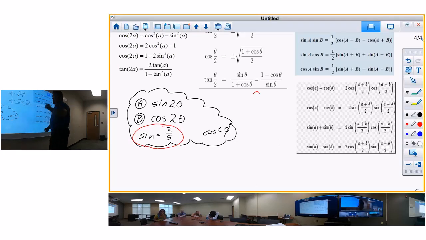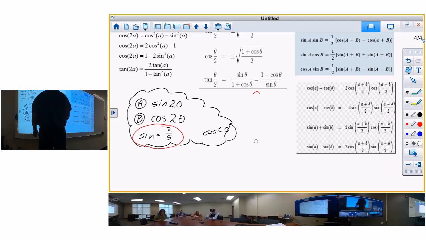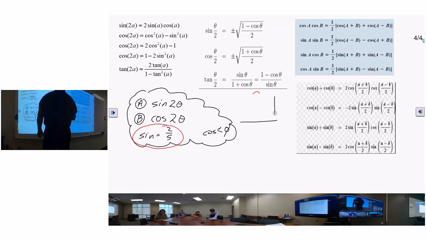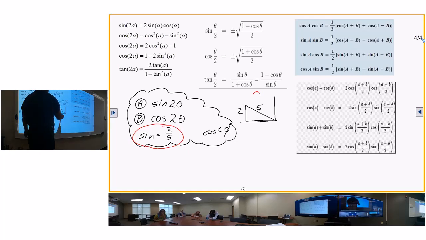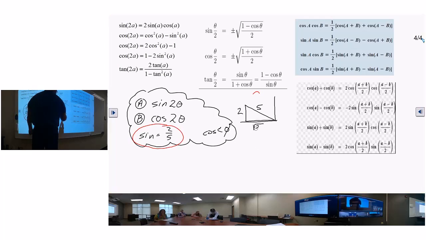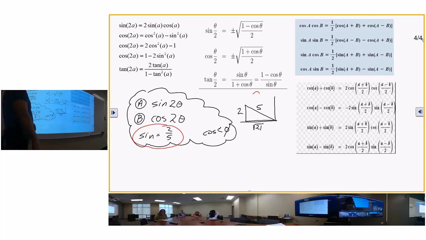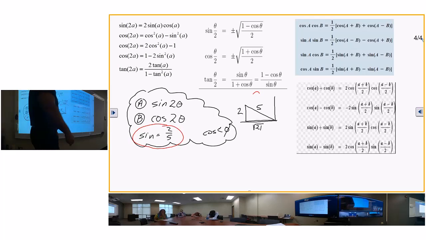So I'm going to draw my second quadrant, and I'm going to put a triangle here. That triangle is going to be opposite over hypotenuse, so that would be 2 and 5. Therefore, this is going to be the square root of what? 21. Yeah, 25 minus 4 is 21. And it's going to be negative.